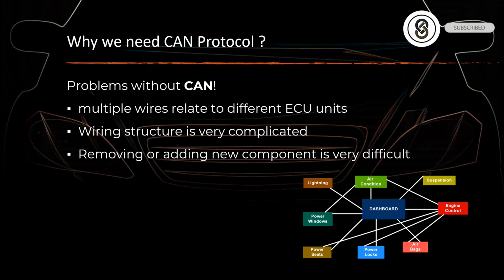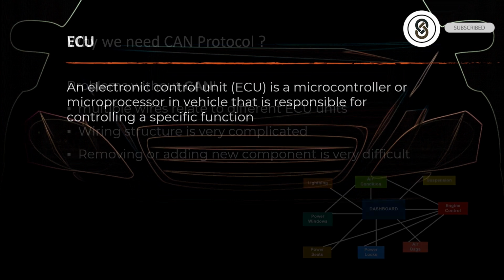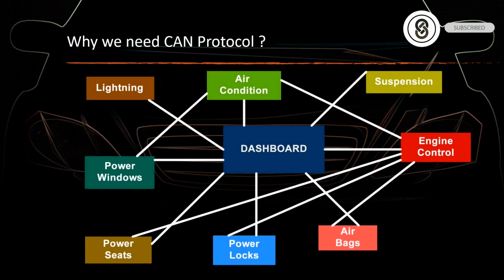Multiple wires were related to different ECU units. By the way, ECU stands for electronic control unit, and it's a microcontroller or microprocessor in vehicle that is responsible for a specific function. So over here you can see different components like lightning, power windows, power seats.